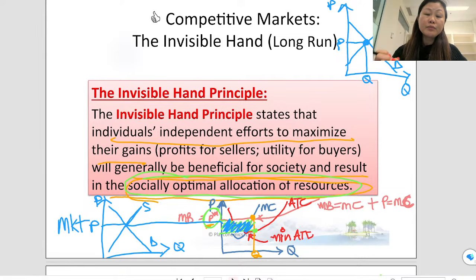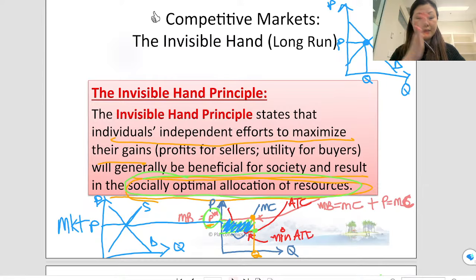Therefore, the invisible hand principle says that if you are in a perfectly competitive market, then letting people do whatever is best for them will also achieve the optimal outcome for society as a whole.